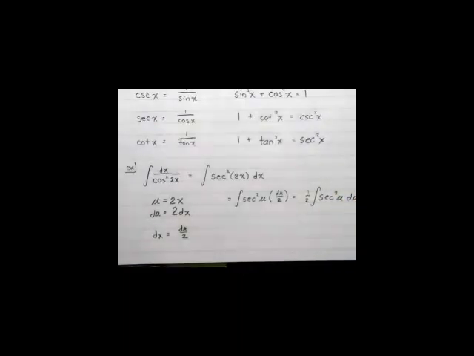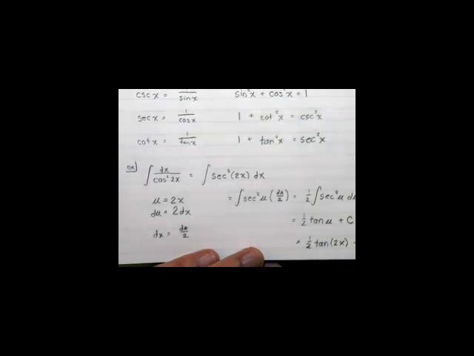And like we said, antiderivative of secant squared is tangent, right? So this is 1/2 tangent u plus c. But that u was a 2x, so it's 1/2 tangent 2x plus c.